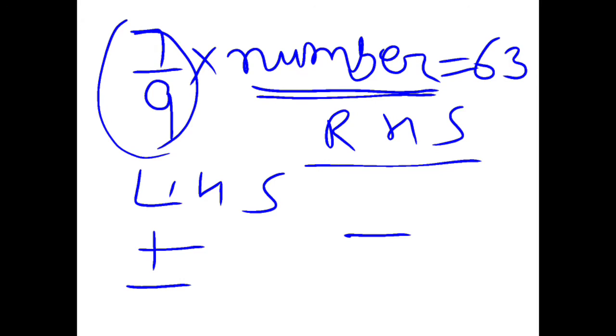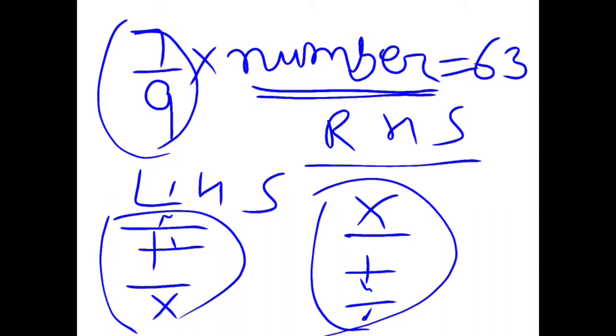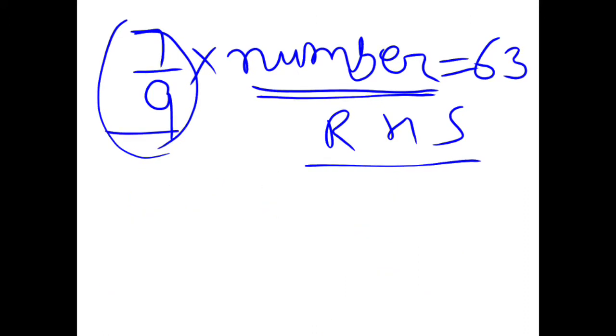So you have to learn this rule. According to this rule we will send this value. 7 upon 9 is in multiplication with that number, so it goes to the other side as division. So it becomes 63 divided by 7 upon 9.